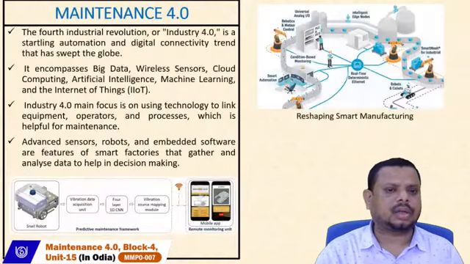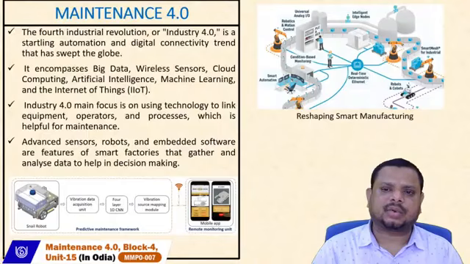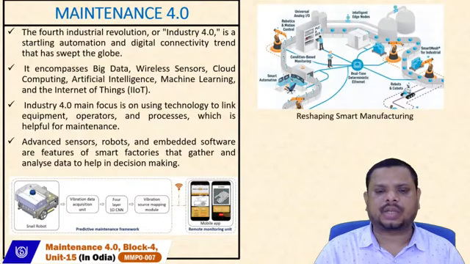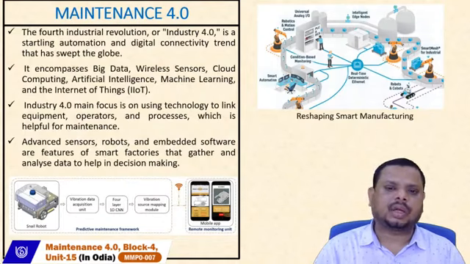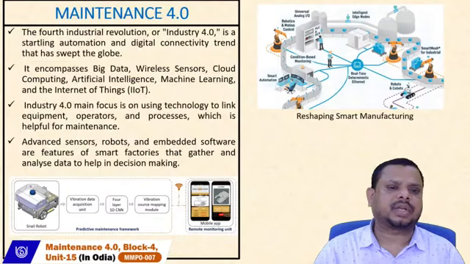Moving to the next one. When a company is implementing Industry 4.0, they must think about Maintenance 4.0 so that the functionality as well as the lifespan of equipment and machines automatically goes higher. Due to Maintenance 4.0, the organization can enhance productivity, increase efficiency, and the last one is increasing product quality.